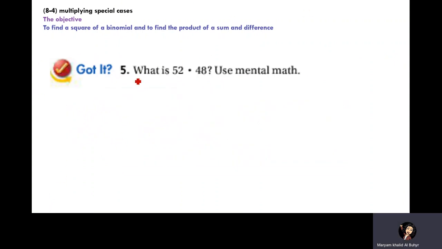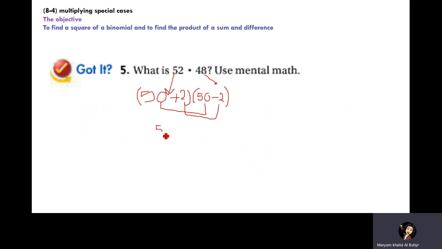Again, this one we can make into, for example, 50 plus 2. That's for this one. This one we can make 50 minus 2. These are the same. This one is the same, but the only difference is in the sign.